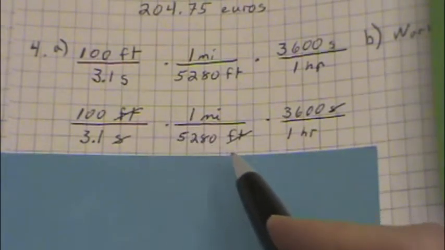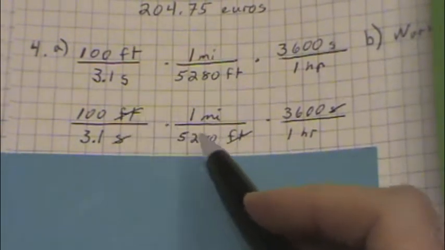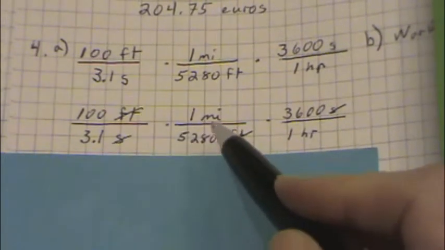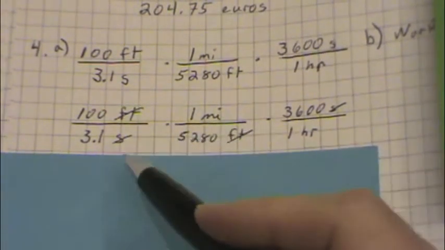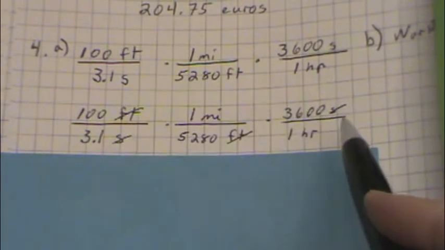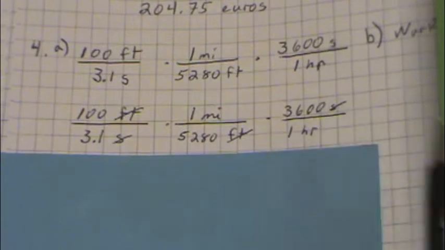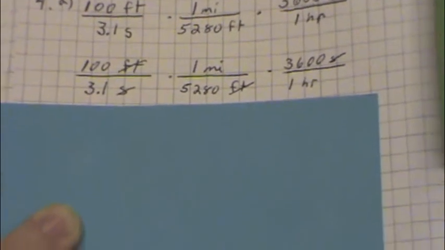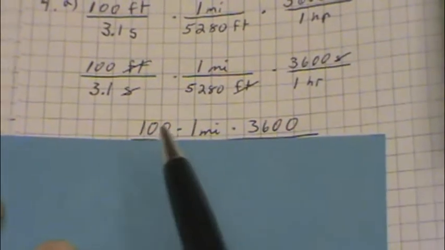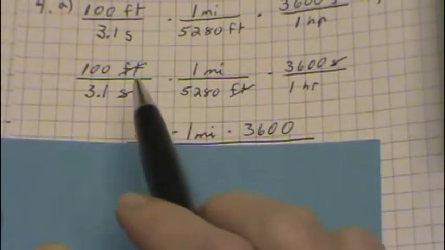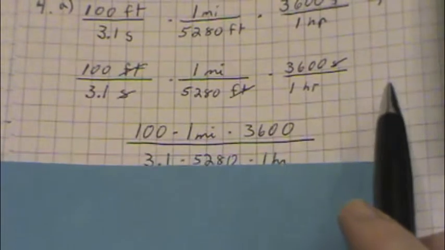Feet cancel with those feet. The reason they cancel is because one's in a numerator, one's in a denominator. That's how you know if your fractions are upside down or not. Seconds here cancels with seconds there. Again, one's in the denominator, one's in the numerator. Work through the multiplication. 100 times 1 mile times 3,600. Everything else up here canceled out.